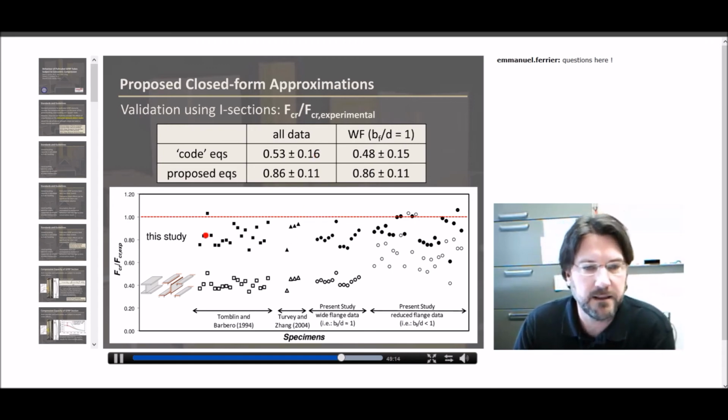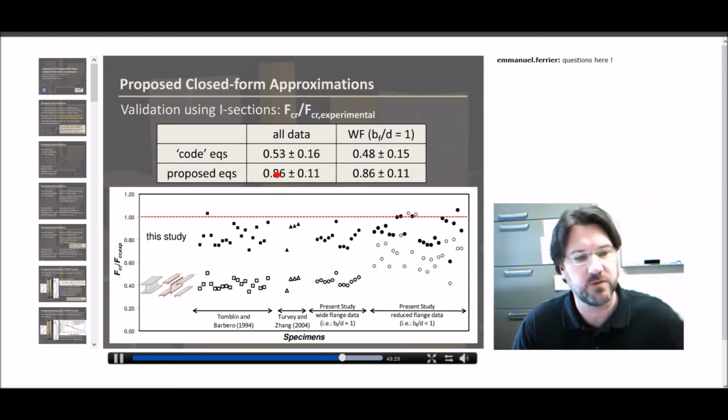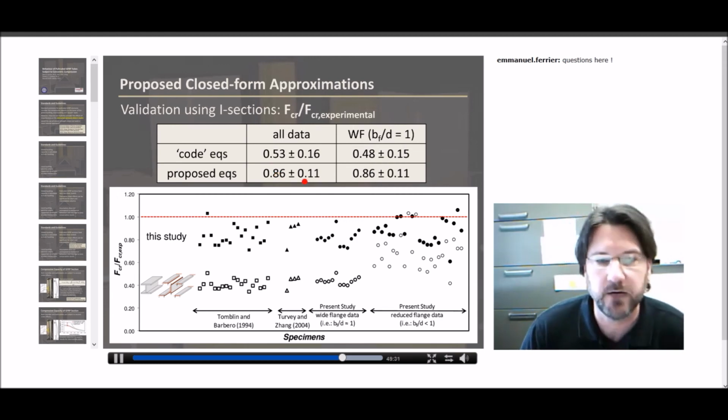Then our recommended approach, with the equation shown on the previous slide, are the solid data points, and we see much better agreement between the prediction and the experimental, but still on the conservative side, which is what we would like to see for a design equation. We also tighten up the variation a little bit as well.